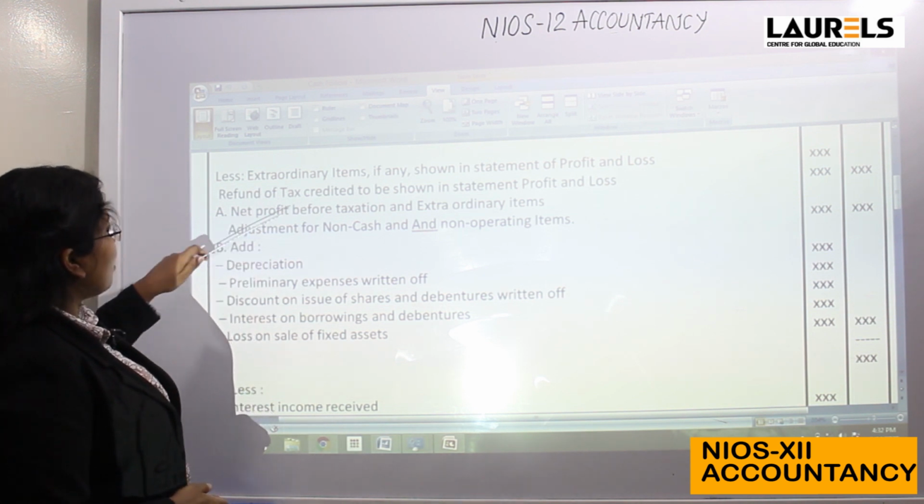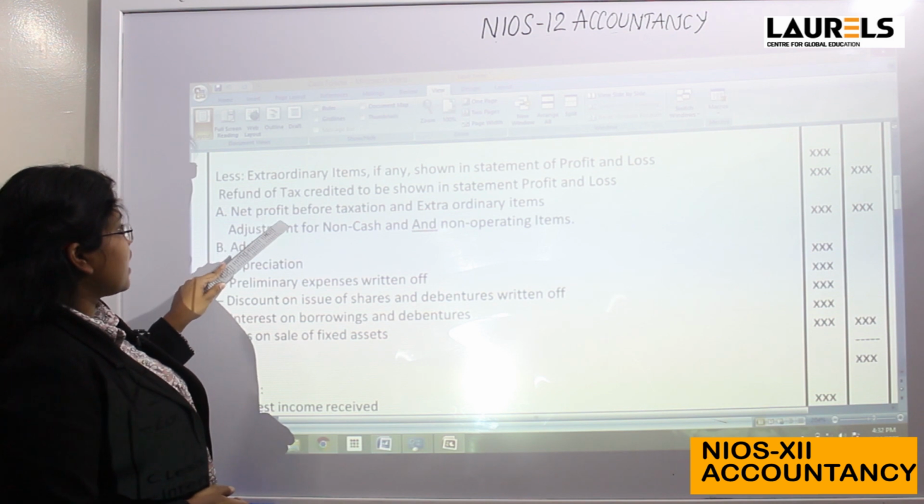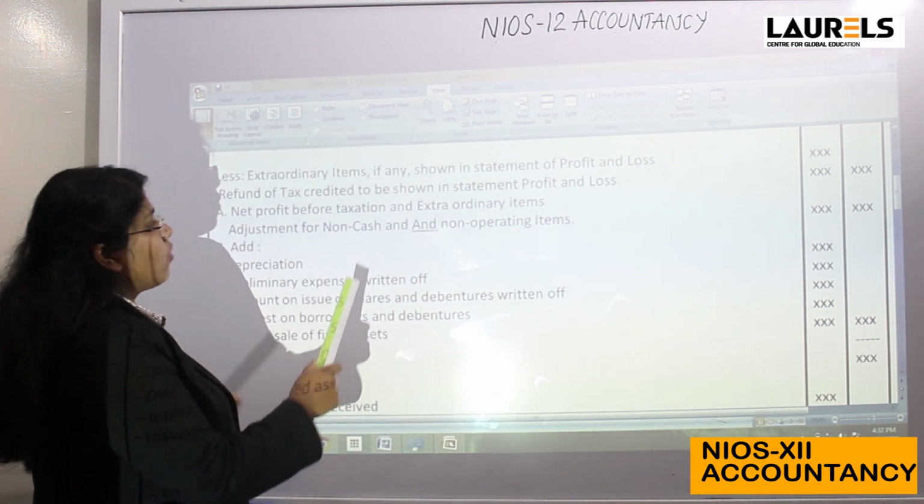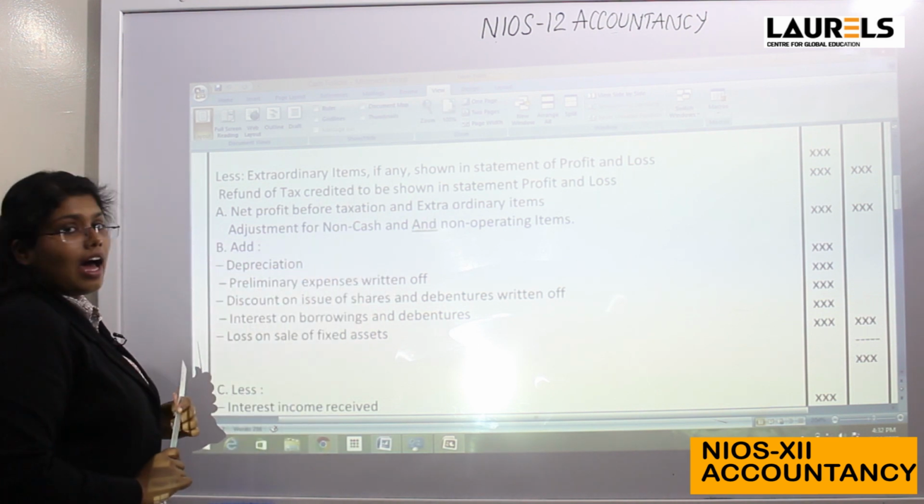So far, what is our total? It is net profit, before our taxation and extraordinary items.